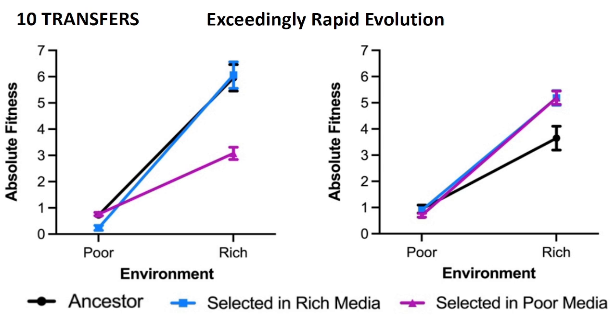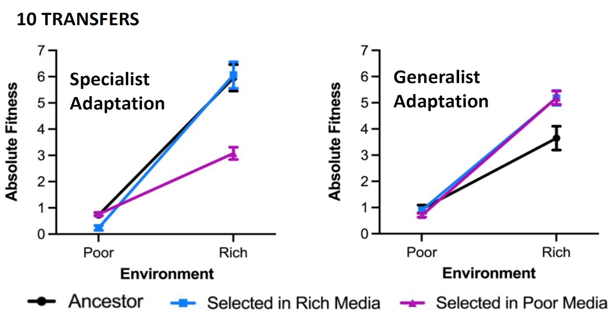Anyway, this is an example of a specialist adaptation, where being good in one environment makes you less good in the other. In this case, it doesn't matter which environment you grew in, both are better than the ancestor. In this one we see big differences, a very big asymmetric difference, but it's clearly a specialist.